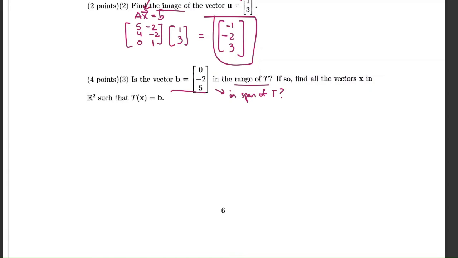Okay, so we want to determine if there is a vector, so we have Ax equals b, where this is x, this is A, and we're trying to find, is there some x vector which will give us the b vector.